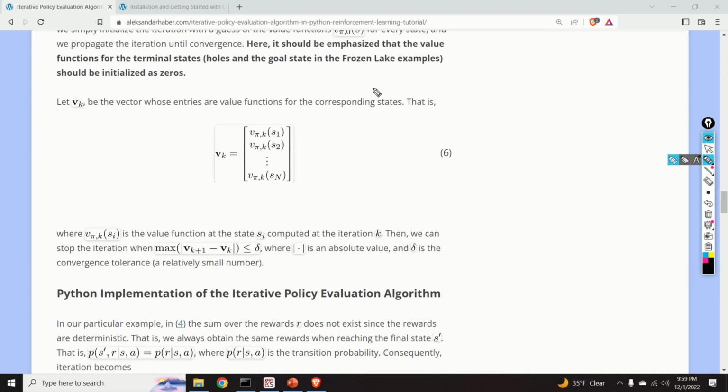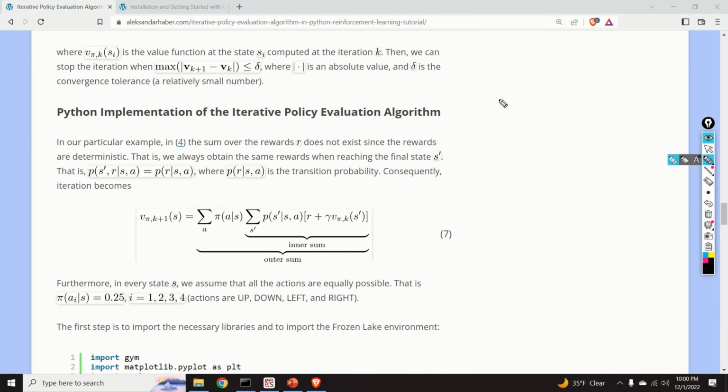In order to implement this algorithm in Python, we group the value functions of all the states in the vector vk. So what is the idea for implementing this algorithm in Python? Well, we can split our iteration into two sums.